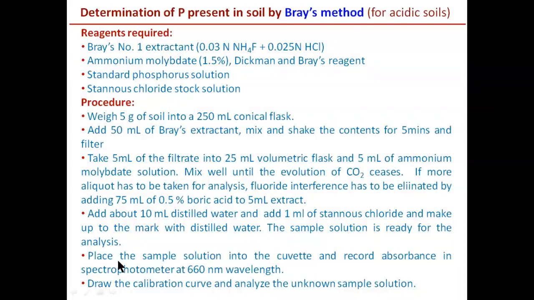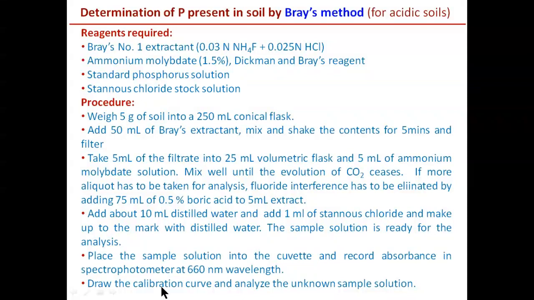Then place the sample solution into the cuvette, record the absorbance in the spectrophotometer at 660 nanometer wavelength. Draw the calibration curve and analyze the unknown sample solution. The calibration curve is drawn by using a standard phosphorus solution.